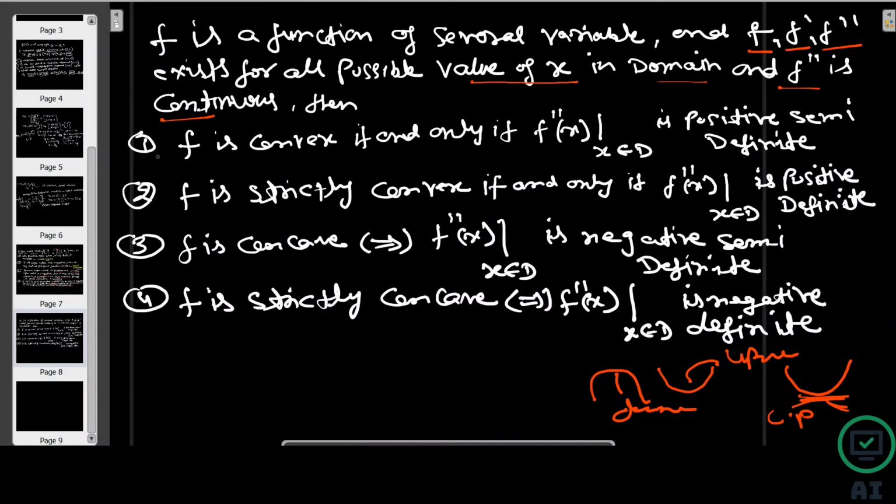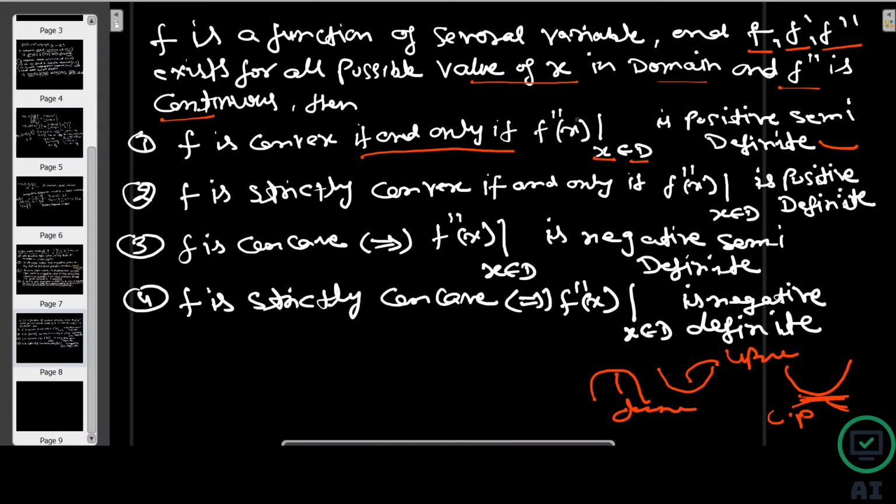So the first condition is f is convex if and only if the second derivative of f at x, for all x belonging to the domain, is positive semi definite, and we know how to find out positive semi definite.